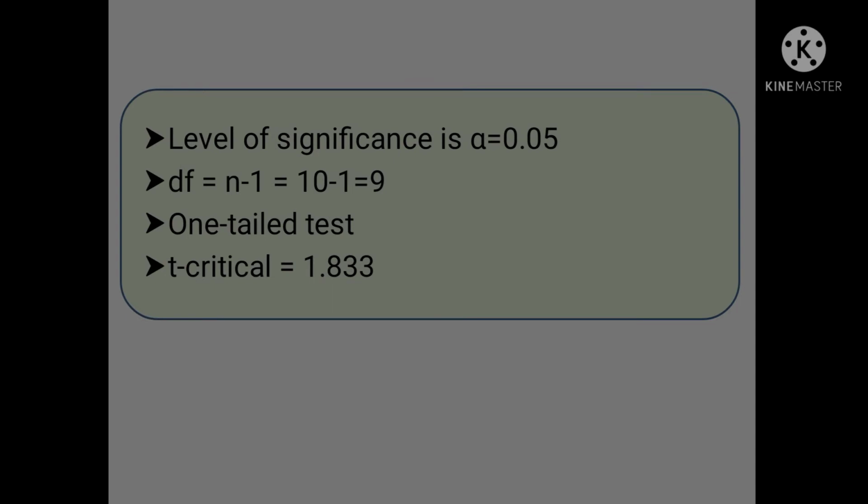At the level of significance of 0.05, df is equal to n minus 1, where n is equal to 10, so 10 minus 1 equals 9, and we use a one-tailed test with a t-critical value of 1.833.